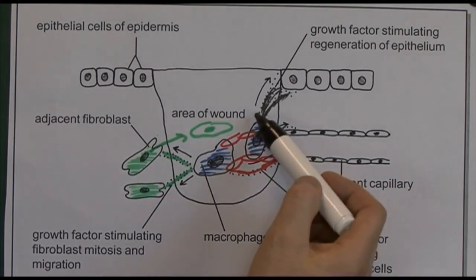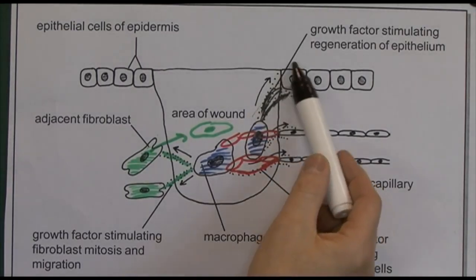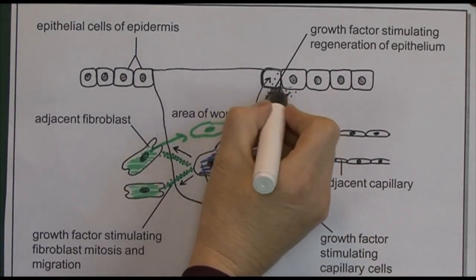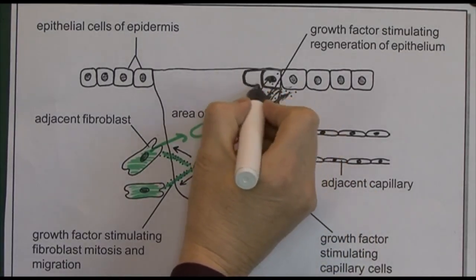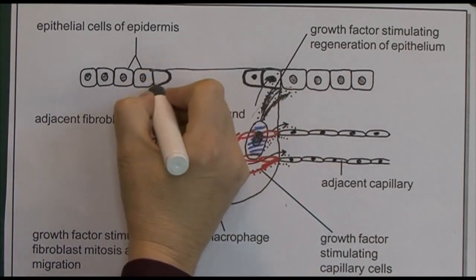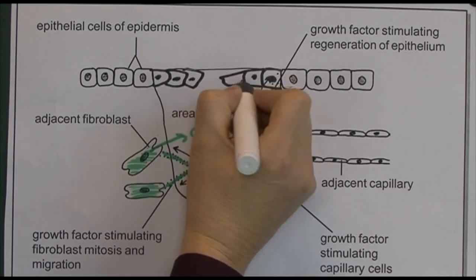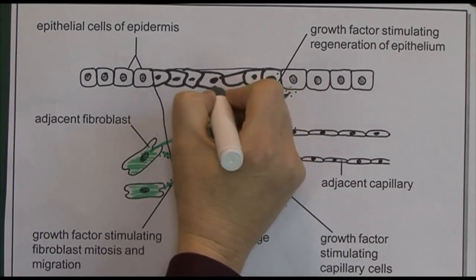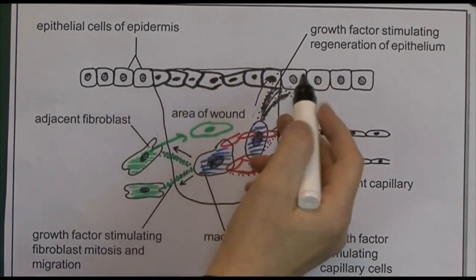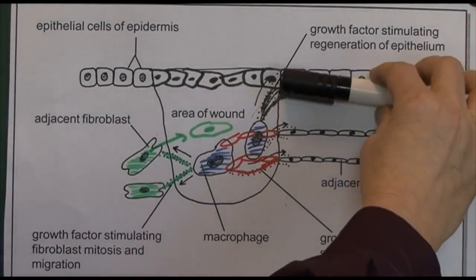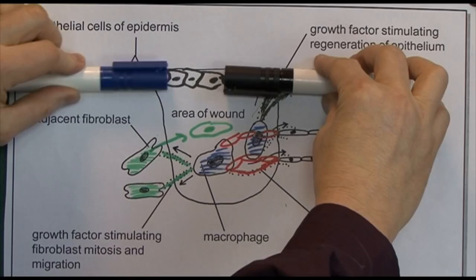And again, the arrival of growth factors at these epithelial cells is going to start the process of mitosis in these cells, stimulating mitosis, and these cells are going to grow to cover the surface of the wound, the process of re-epithelialization.